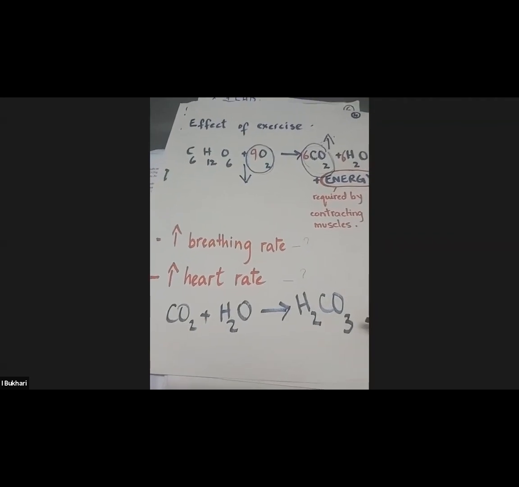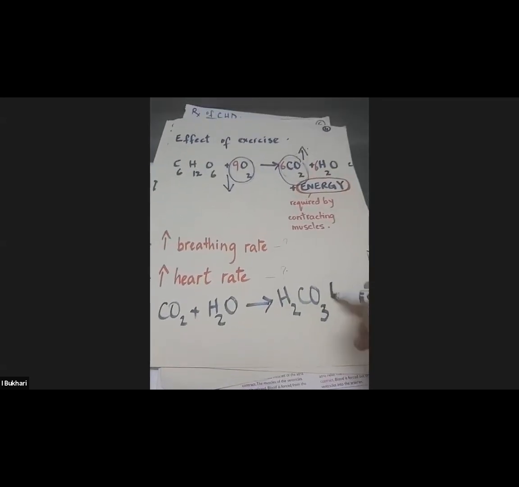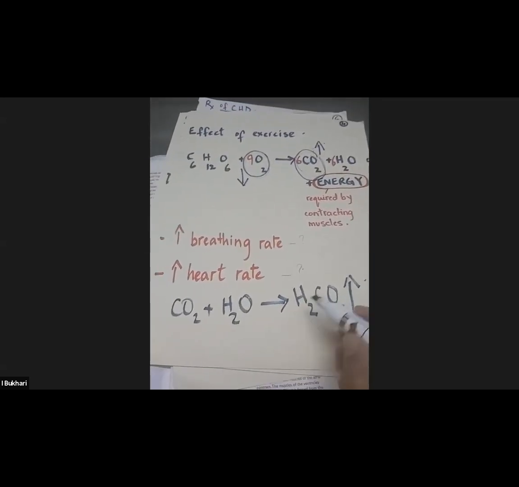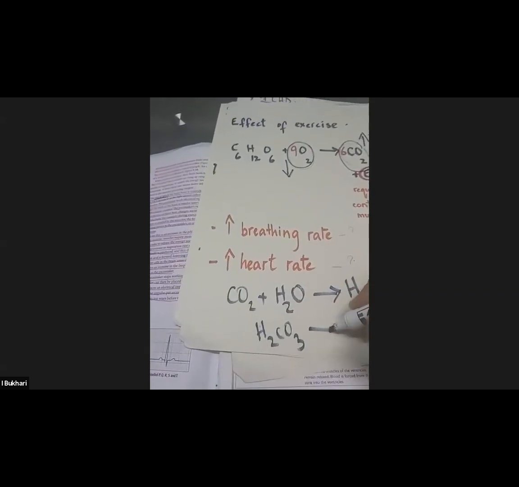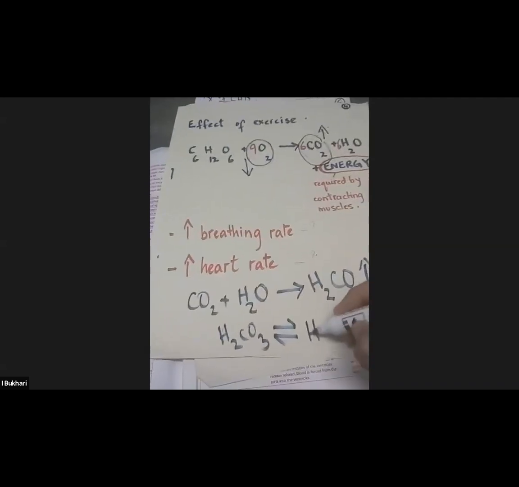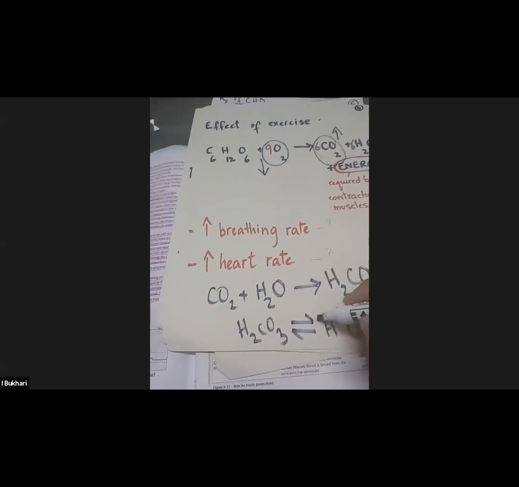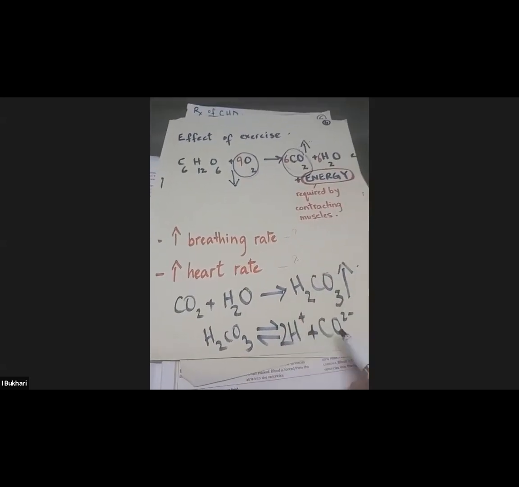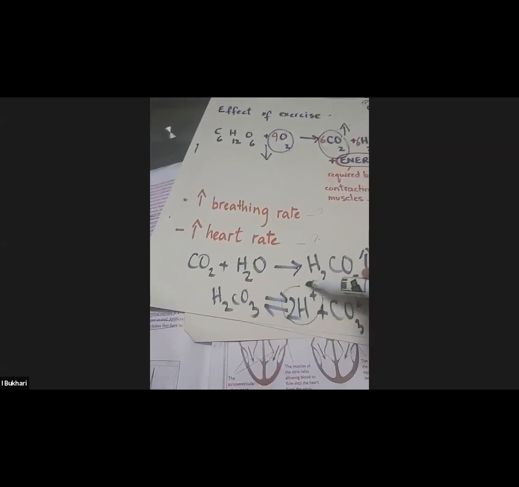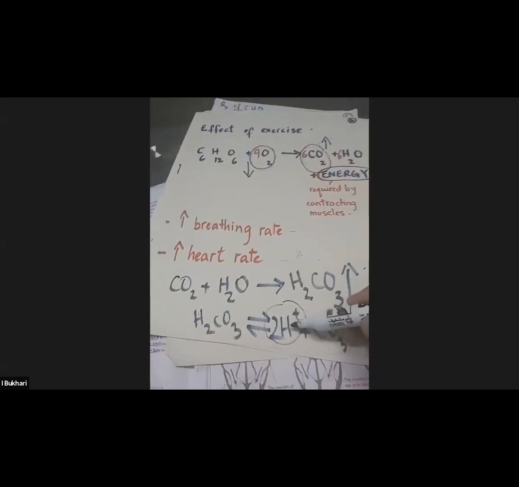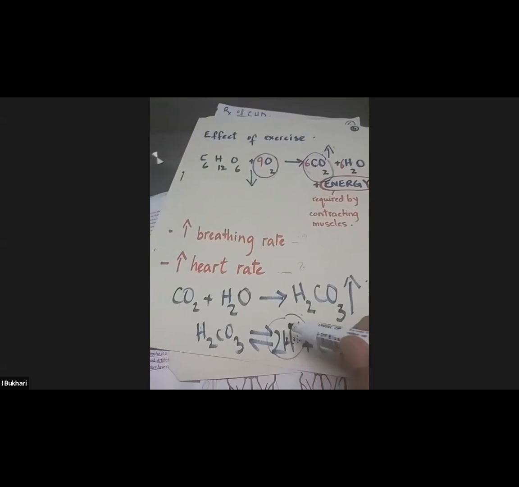So carbonic acid in the blood rises, and since it is an acid, it gives us hydrogen ions and carbonate ions. These hydrogen ions decrease the pH of the blood, which is detected.